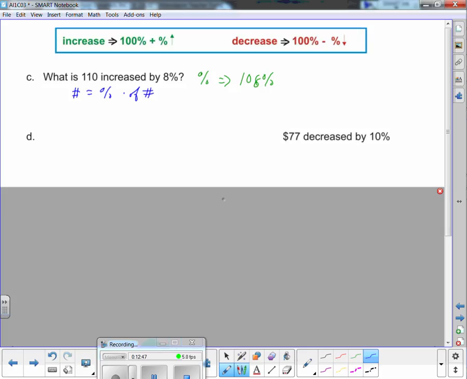What is 110 increased by 8%? So on this one, you are looking for the number. Our percent is 1.08. And we're going to multiply the of number on this one is 110, though it's not as obvious.